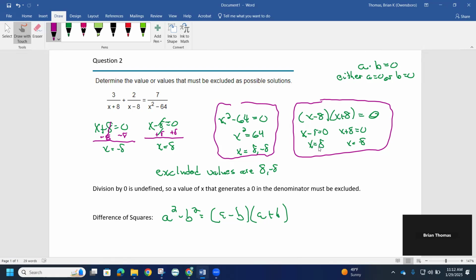So if x is 8, then this factor turns into 0. If x is negative 8, then this turns into 0, which means the whole thing turns into 0. So again, these would make zeros, but the catch is we cannot have the denominator equal to 0, so those are, again, what we call excluded values. They have to be thrown out.